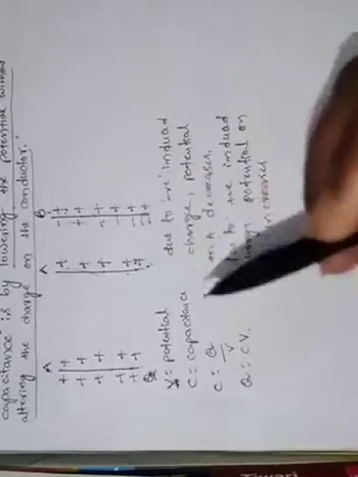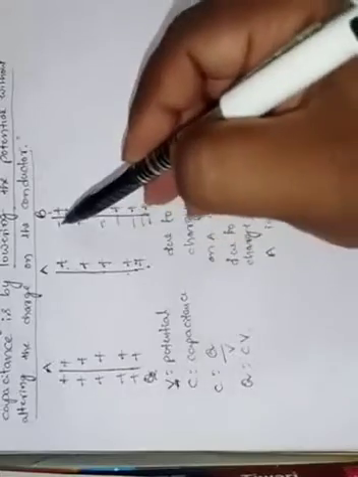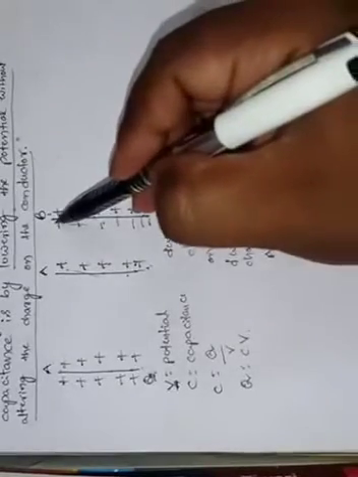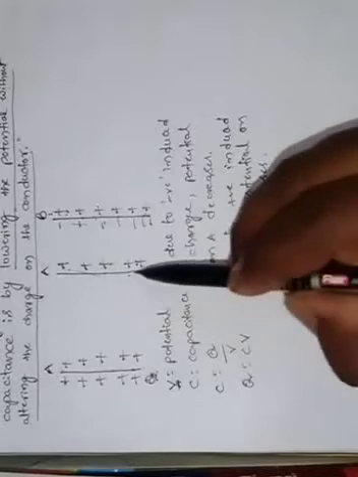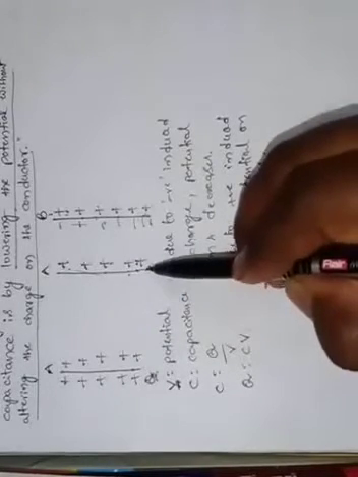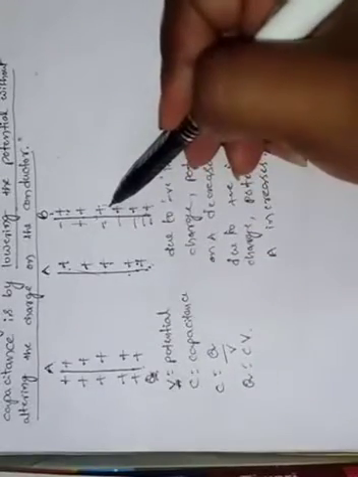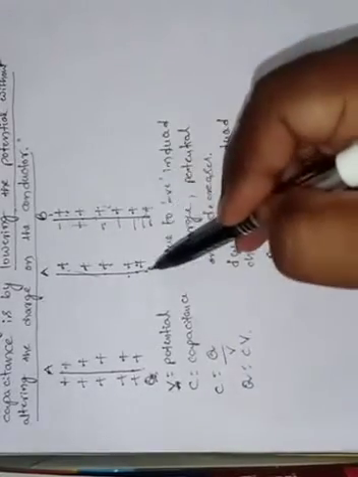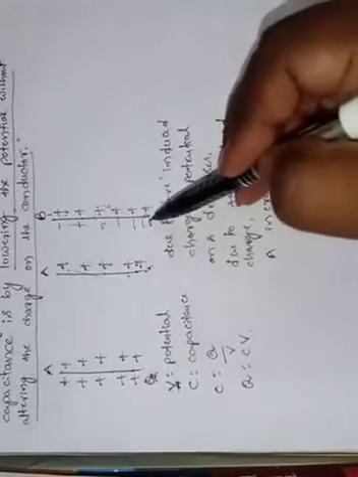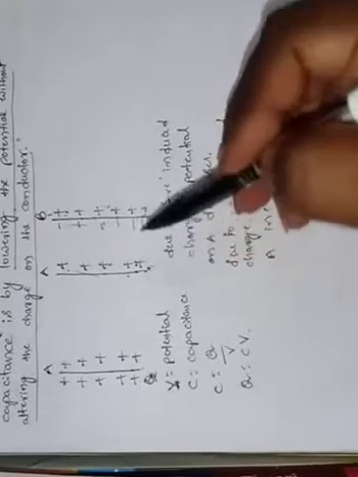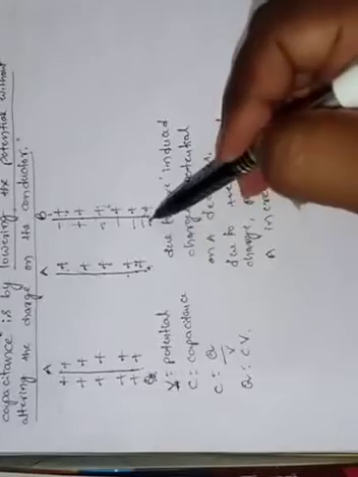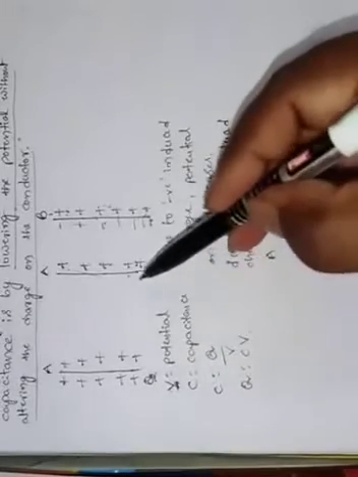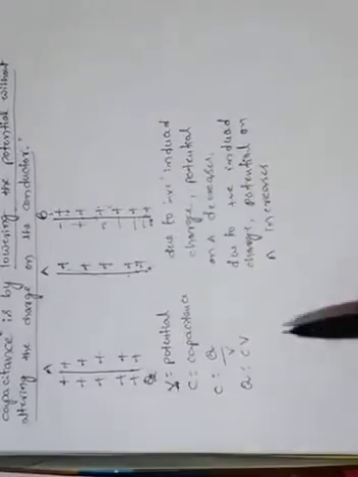That is the negative charge, and the charge that is nearer has the greater effect. So finally, due to the negative charge, the potential on A decreases. The increase due to the positive induced charge is not considerable, because that charge is away from the positive charge.